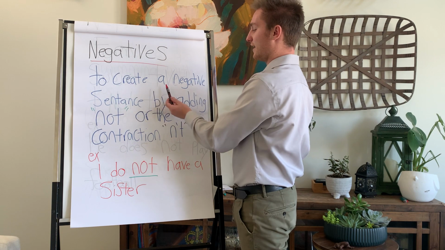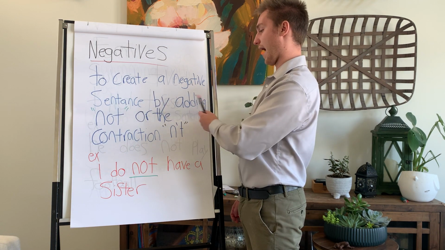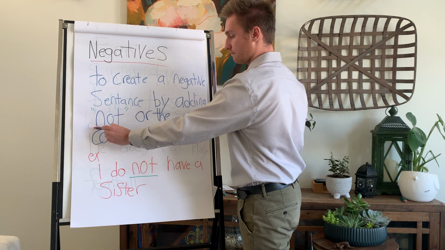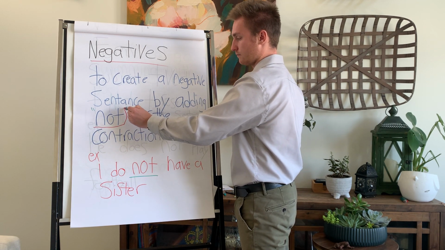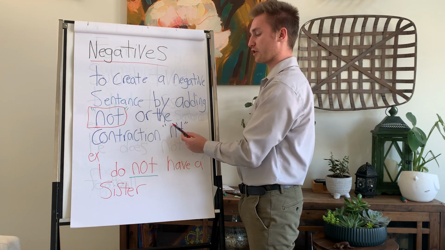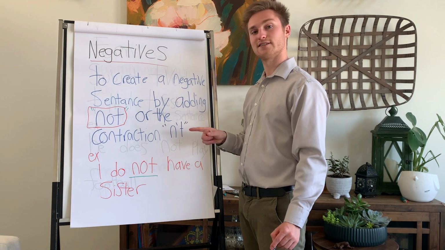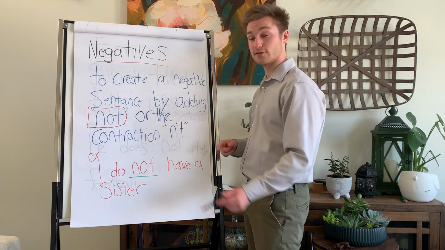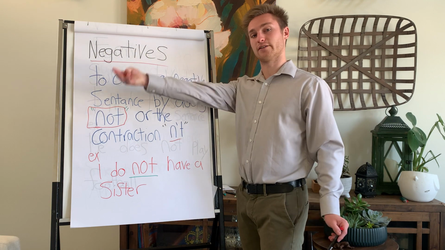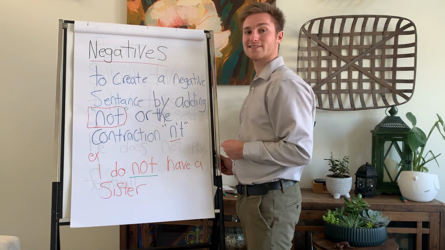To create a negative sentence, you do it by adding not or the contraction n't. We'll get to this contraction later. First, we will talk about not.